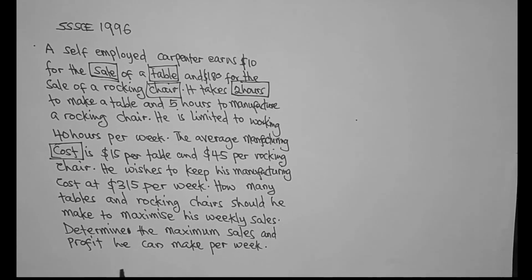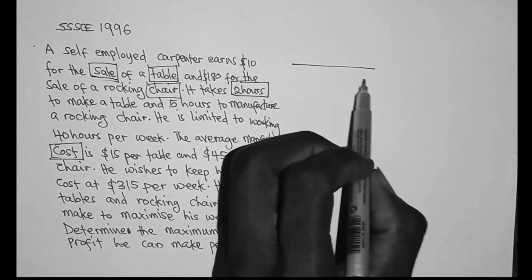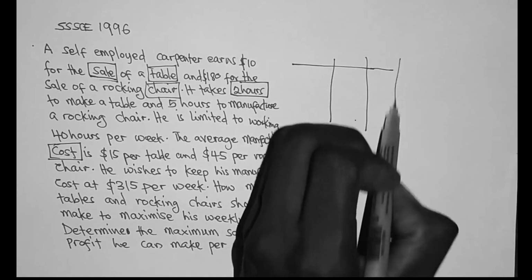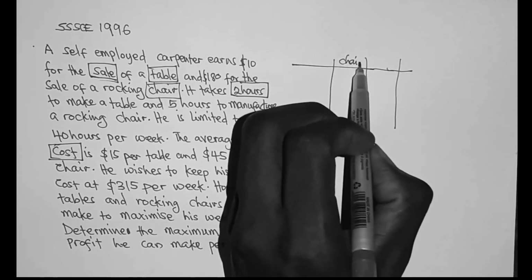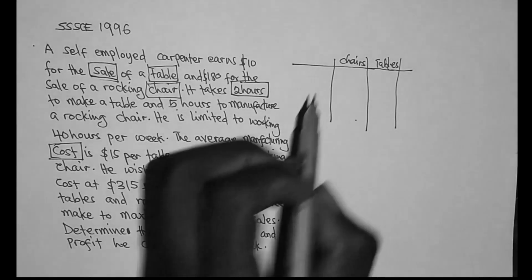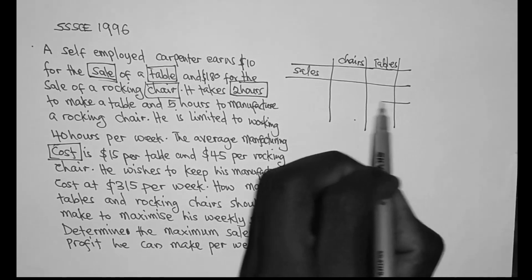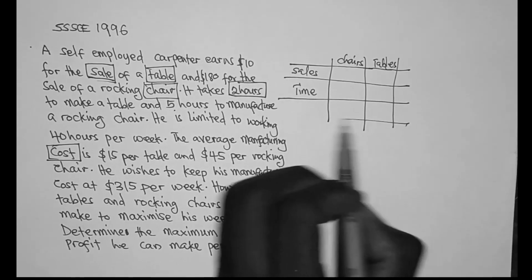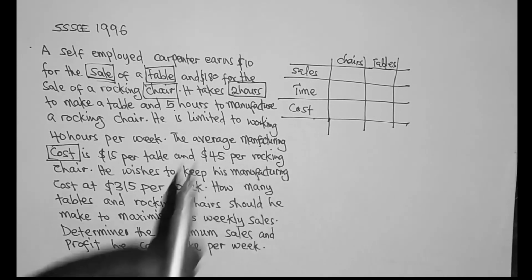So let's make a table here. So this is chairs and tables. Then the first one is sales, the second one is the time it takes him, and the last aspect is the cost involved.